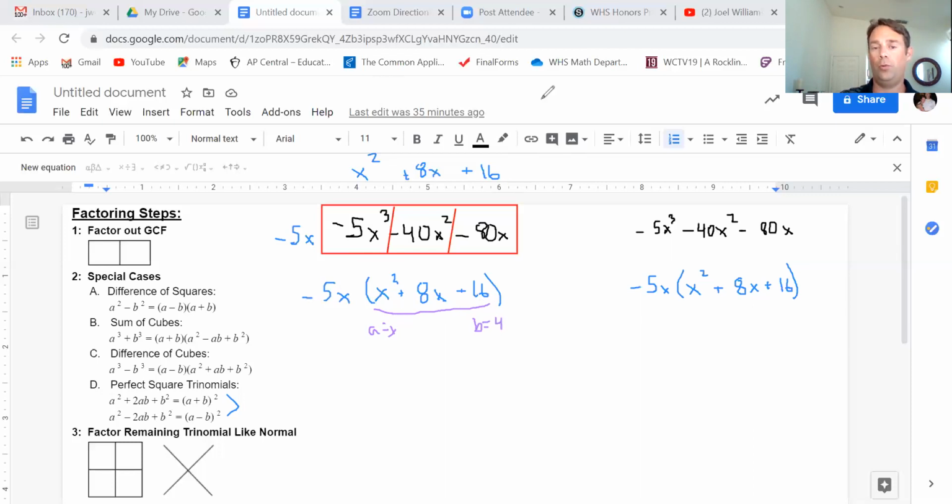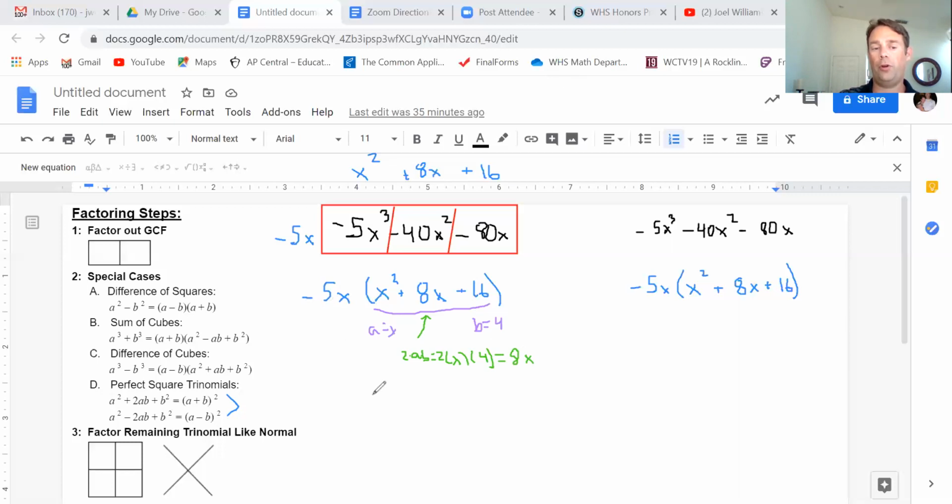So this is just one more thing to remember if you want to. What you're looking for is if this term right here is equal to 2 times a times b. So in this case, is this equal to 2 times x times 4? In which case we'd have 8x. It really is. So that means this is a perfect square trinomial.